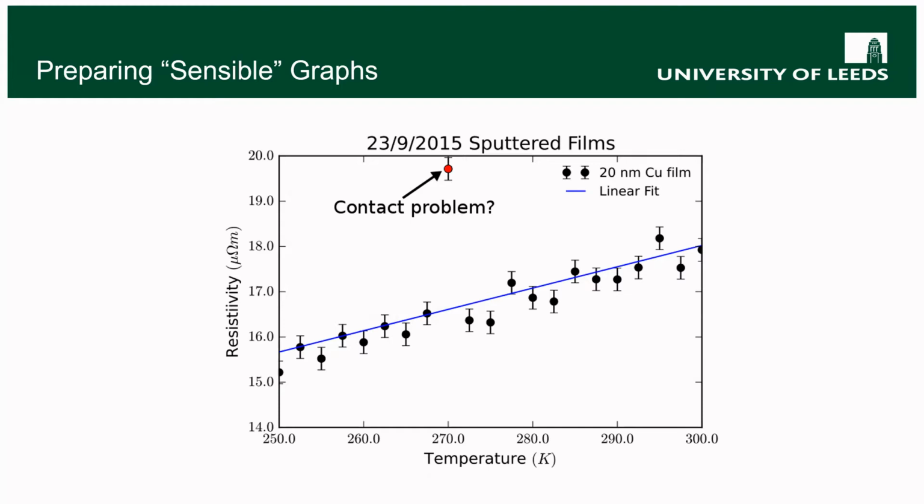Generally speaking, what you want to do is make the numbers on your axis somewhere between 0.1 and 1,000, and then use the appropriate SI prefixes on your units to get it into that right size. The axis label here tells you what it's measuring, and it has units. I've used micro-ohm meters so that the numbers on the y-axis are sensible.